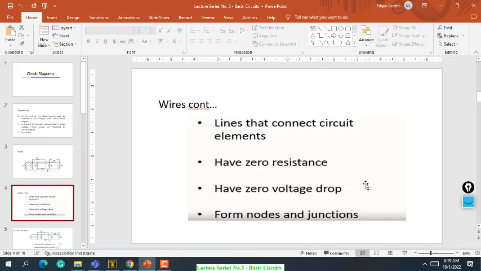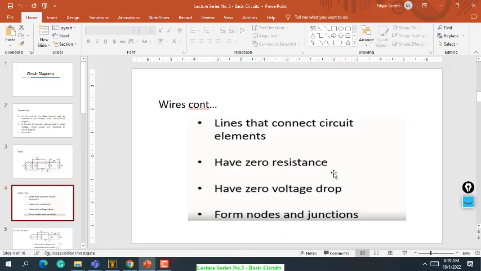So for example, if we have a wire, there's what we call rho L over S. But for the basic, if you notice in your assigned activity exercises, those are very minimal resistance. So in basic circuit analysis, we consider that as zero. We neglect the resistance of the wire.